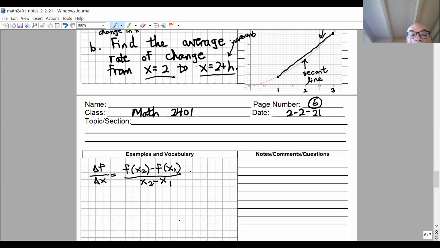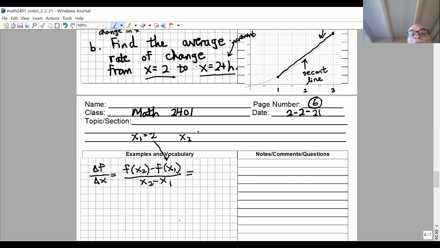Now, however, our x2 and our x1 in this case are what? Well, the x1 is going to be 2. That's our initial x value. So that's easy. We're just going to plug that in for x1 in our formula. It's the x2 value that's a little bit different, right?